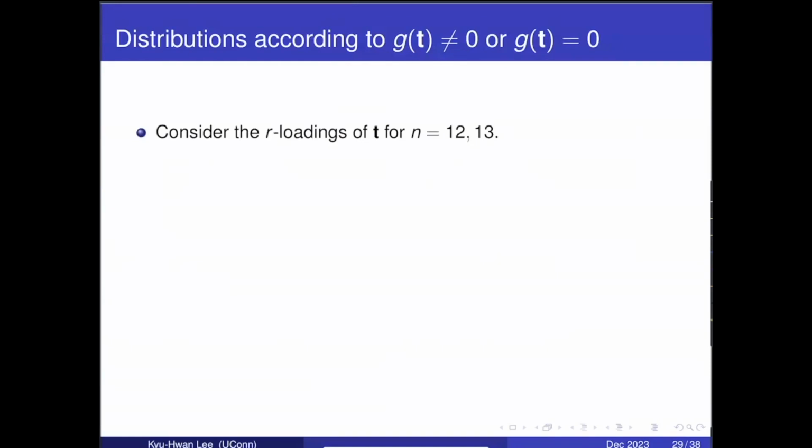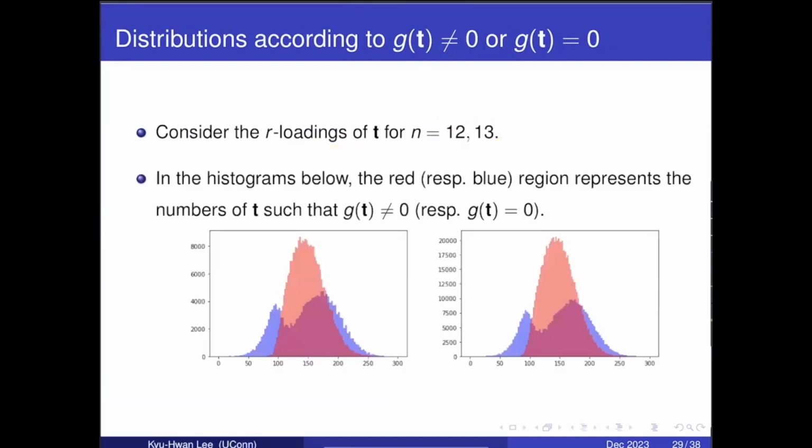So consider R loadings for 12 and 13. Of course, you can increase the number, but as an example, 12 and 13. Then the histograms are like this.